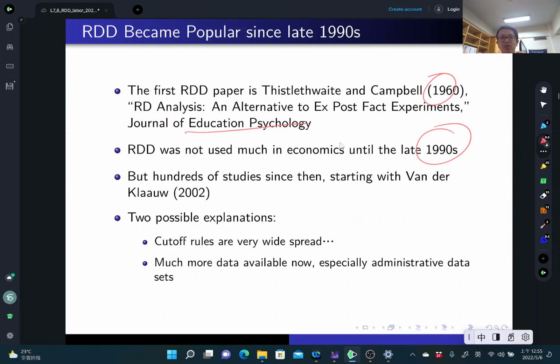RD only uses the sample around the cutoff, so you need a very large sample size. You need administrative data that covers the whole population, which basically allows you to do an RD design.